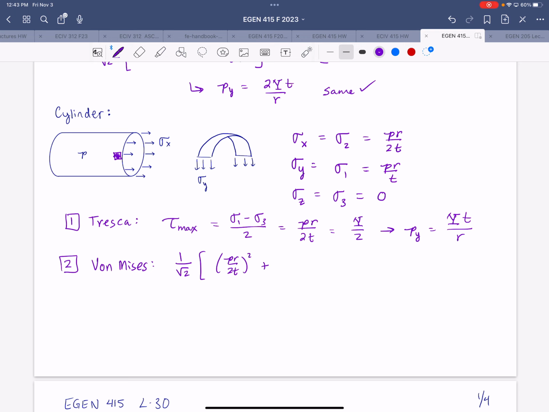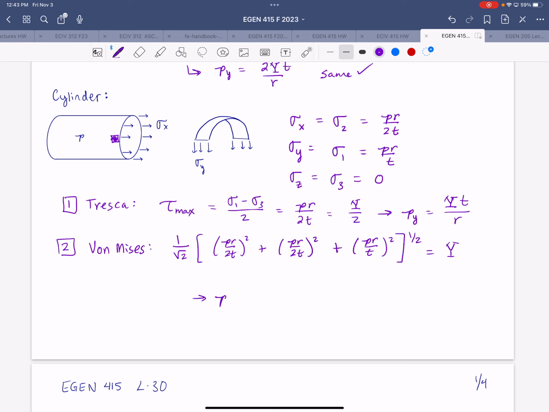And then from sigma x minus sigma y, we also get PR over 2T squared. And then from sigma y minus sigma z, we get PR over T, and then we'll square that. Take the square root of that summation, and set that equal to the yield stress.